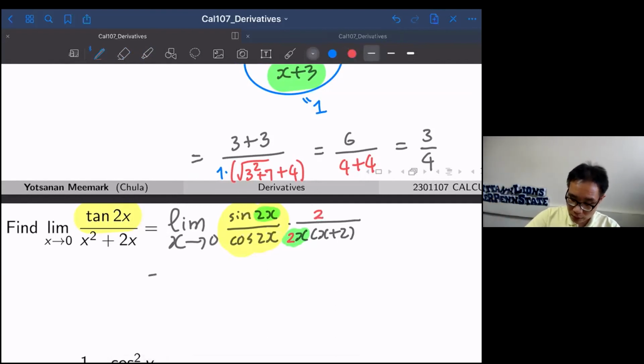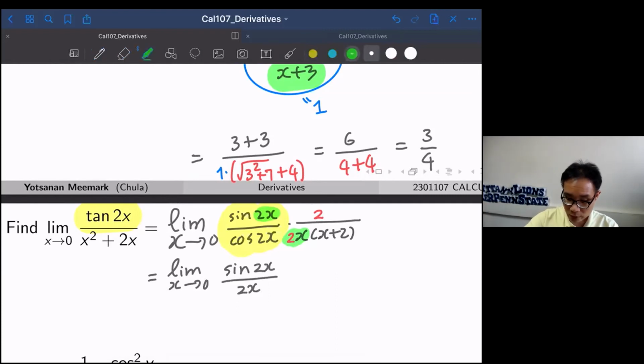So you would get the limit as x goes to 0 of sin 2x over 2x, the green one, 2x and 2x, multiplied with 2 over cos 2x.